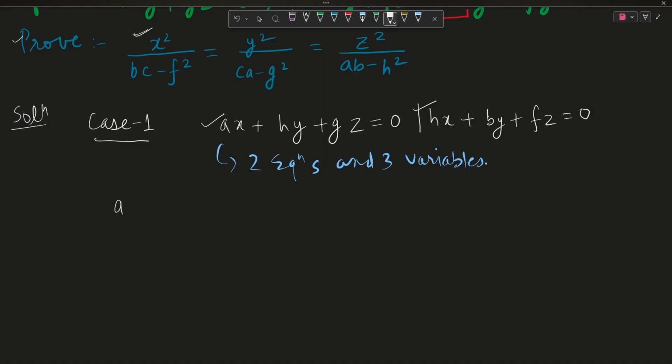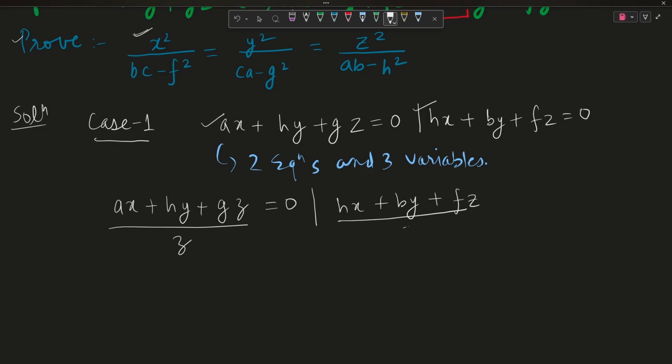So, let's divide by z: ax plus hy plus gz is equal to 0, divided by z, and similarly hx plus by plus fz divided by z is equal to 0.